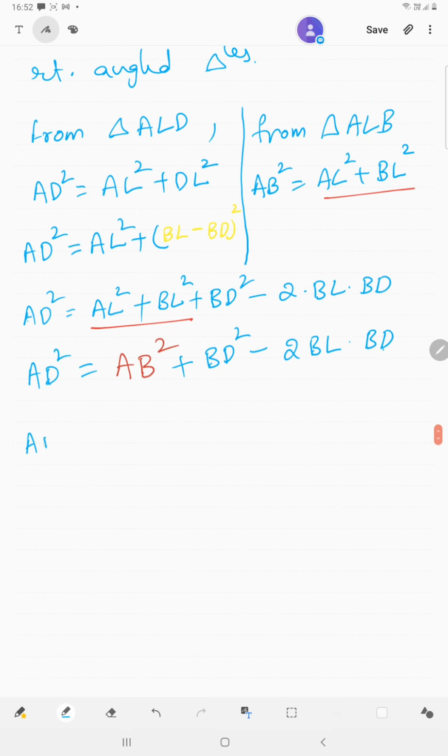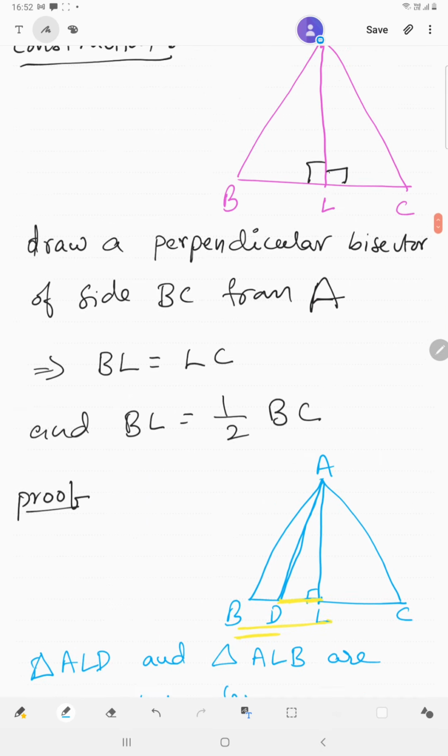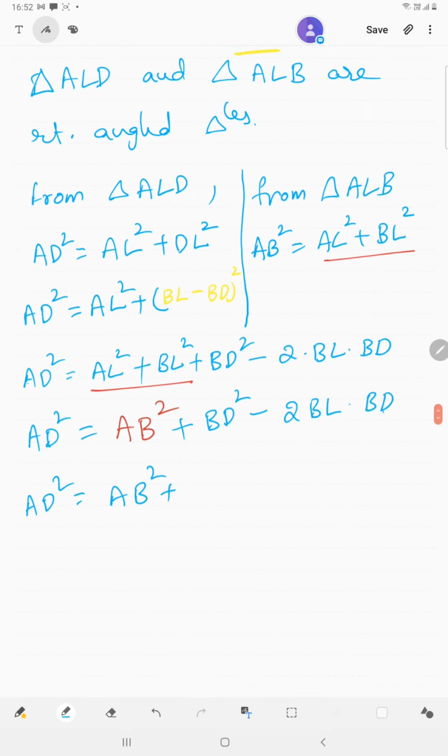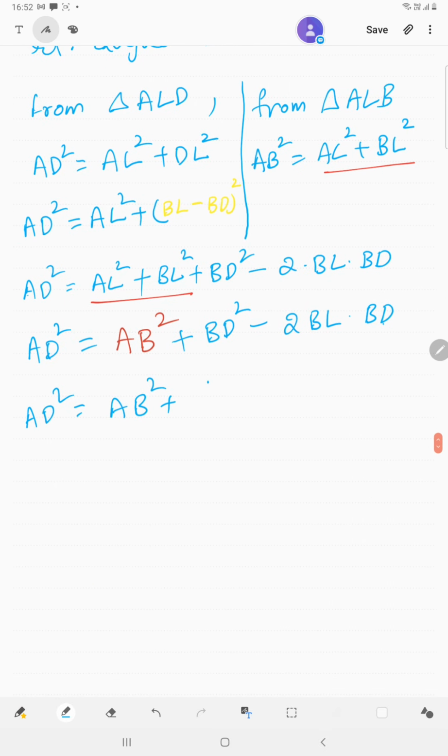Now AD square is equal to AB square plus BD, from equation 1, what is given part? Here BD is equal to 1 by 3 BC. So 1 by 3 BC whole square minus 2 into BL.